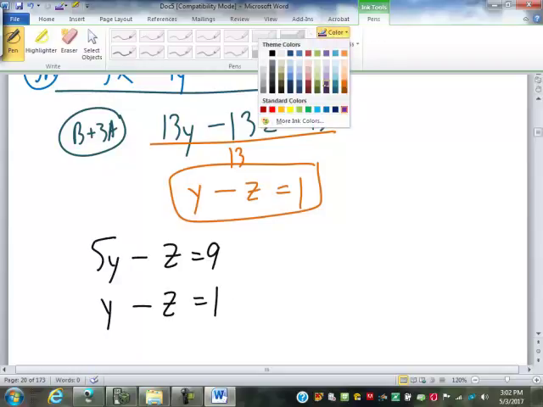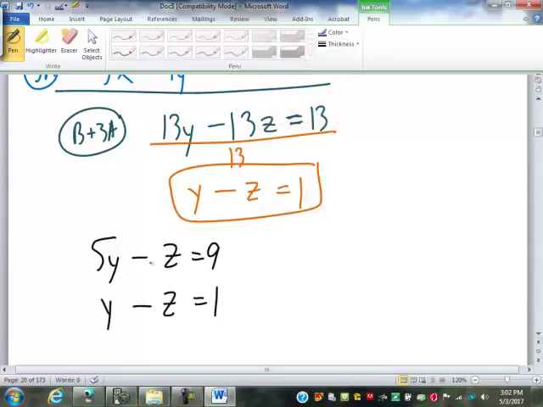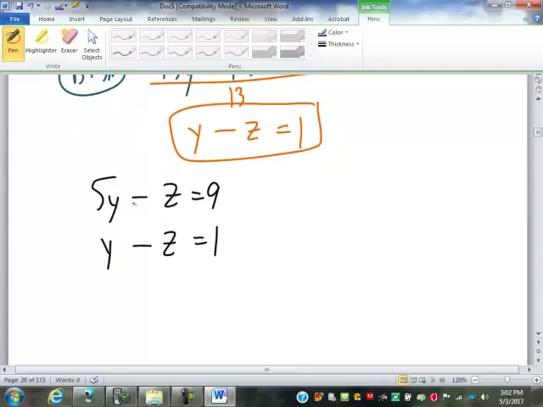Now looking at this, I have a negative z and a negative z, so I could easily alter that to get rid of the z's. I'm going to keep this top equation. I'm going to multiply this bottom equation by not positive 1, but negative 1. Negative 1 times y is negative y.